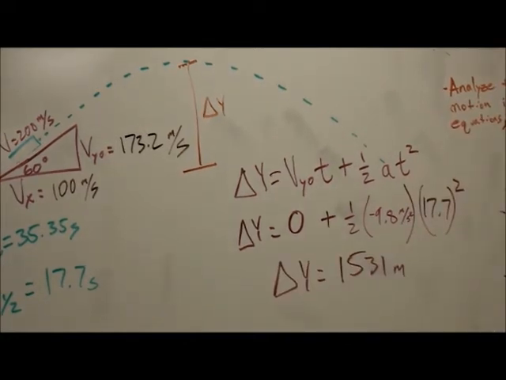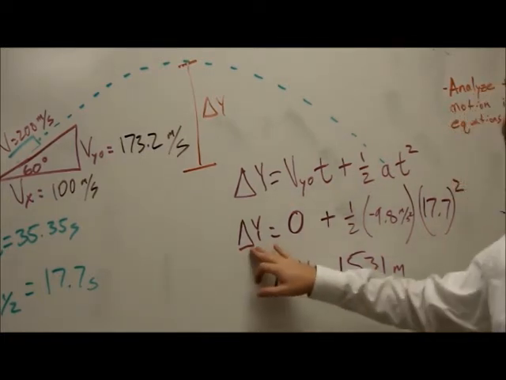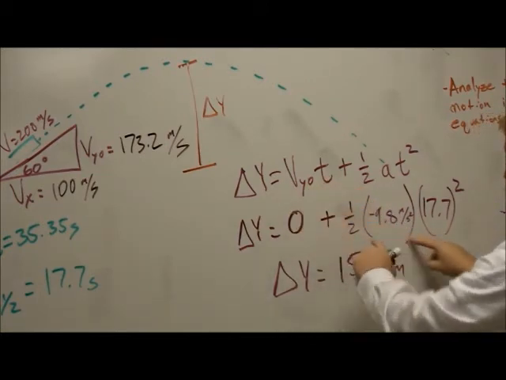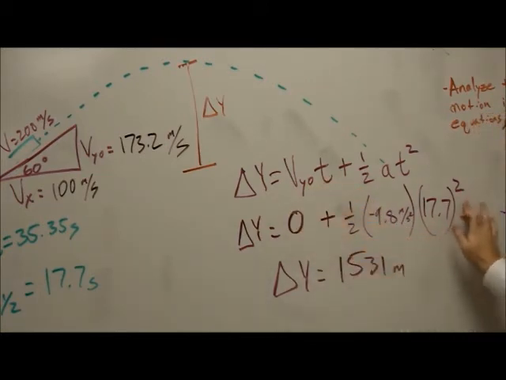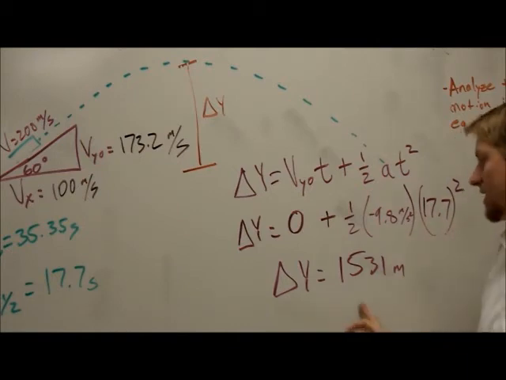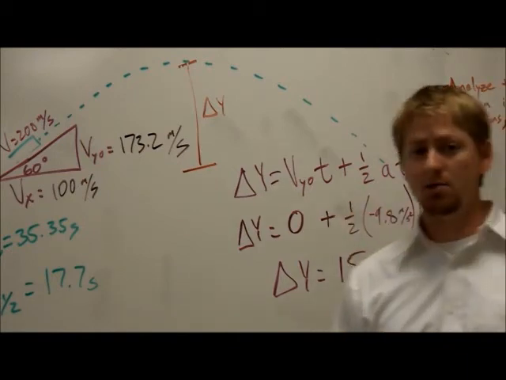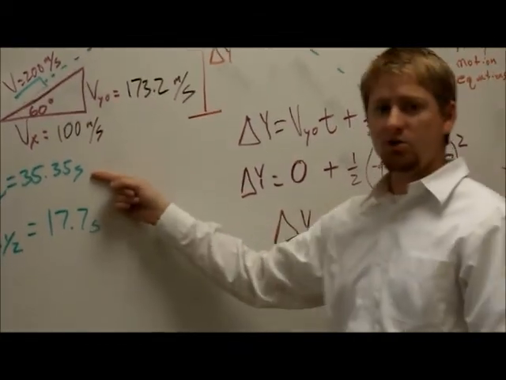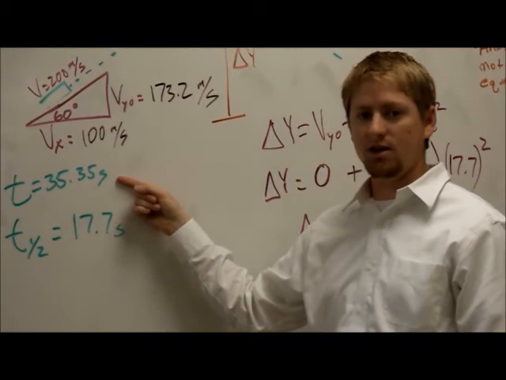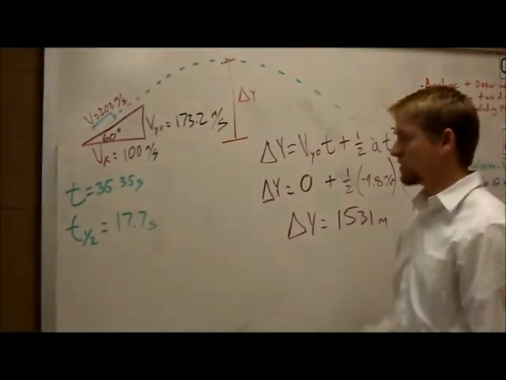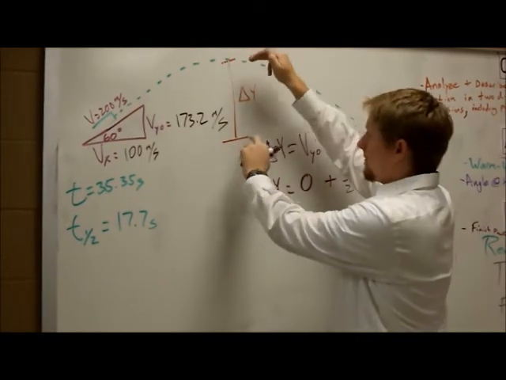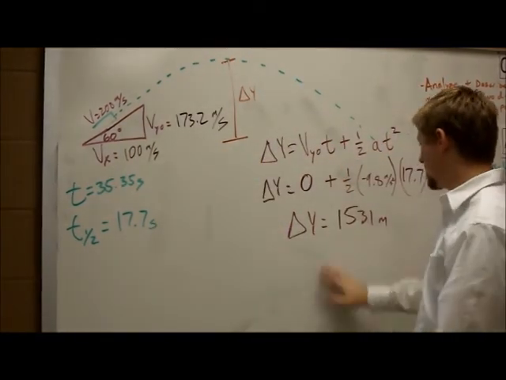So when we work all this out, delta y equals 0 plus 1/2 negative 9.8 times 17.7 squared, and we get that the distance up in the air is 1531. The most common mistake here is using our full time, our 35.35 seconds. If we use that for our time, we're not going to get the right distance. So we need to use our half time because we're only finding this distance up in the air. That's our maximum height, 1531 meters.